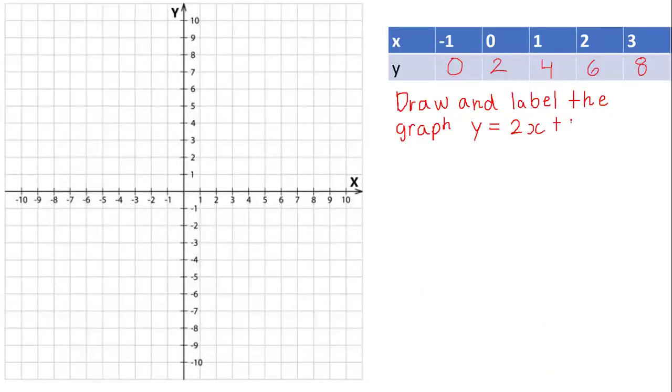Draw and label the graph y is equal to 2x plus 2. Okay. So what's the first thing we're gonna do, class, in order to draw and label this graph? What's the first thing we're gonna do?